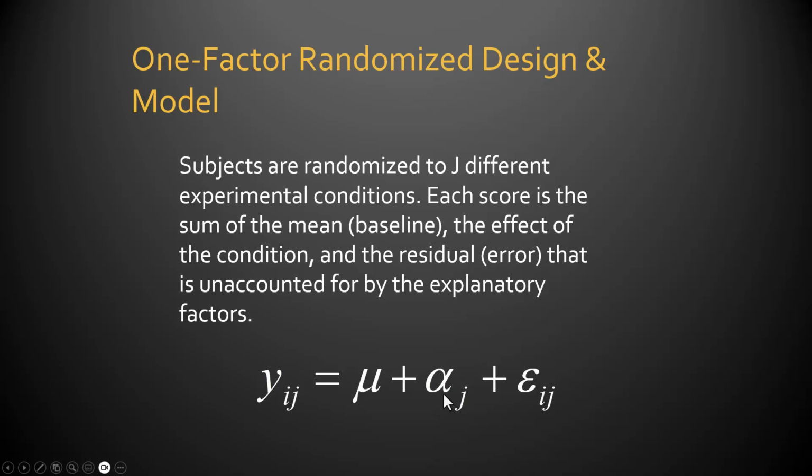So we're indicating that with the Greek letter alpha, and notice the J down here is a lowercase j. That's a subscript indicating what condition we're talking about. So if capital J up here can be 3, meaning we have 3 possible conditions, and we're focusing on someone in condition 1, then this lowercase j would be 1, and we'd be talking about alpha 1.